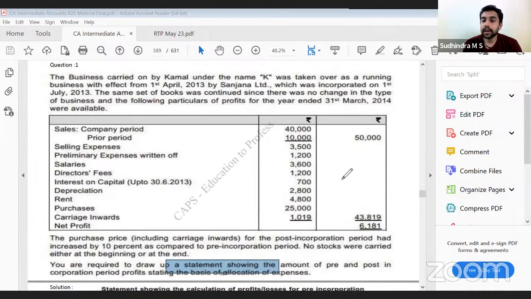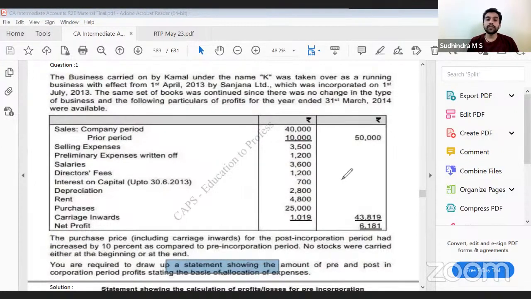Point number 3, compute the sales ratio. So these are the 3 points that we have to take care of in any problem. Before starting the main answer, these 3 pieces of information should be available with us.